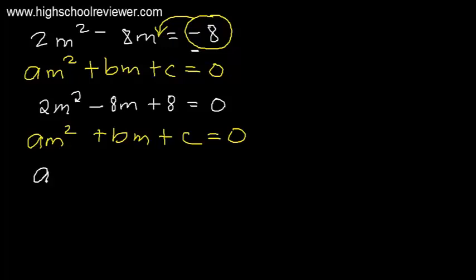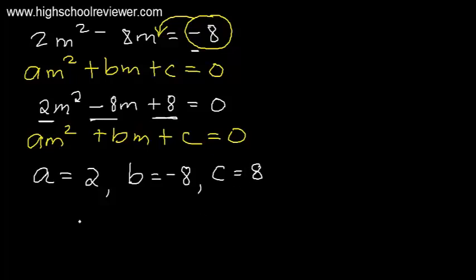We can now find the values of a, b, and c. So the value for a here, this is the numerical coefficient of our first term. This is positive 2. And the value for b, this is the numerical coefficient of our second term. That is negative 8. And our c, which is the constant, that is positive 8.